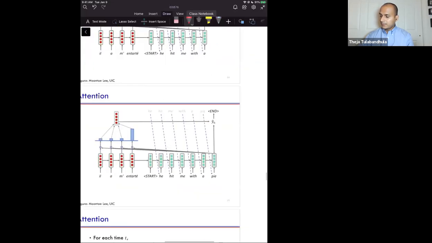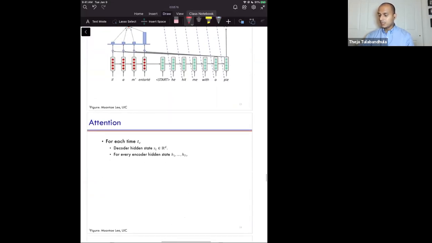Okay. So let's now talk about the thing that I did not mention. What is that f, right? There was an f of ht comma st for every ht that was in the input. So that was on the encoder side, right? There was a hidden decoder state st, and then all the capital T hidden vectors on the encoder side.